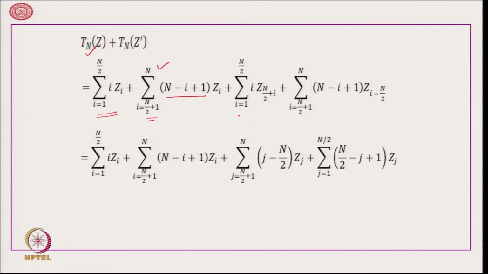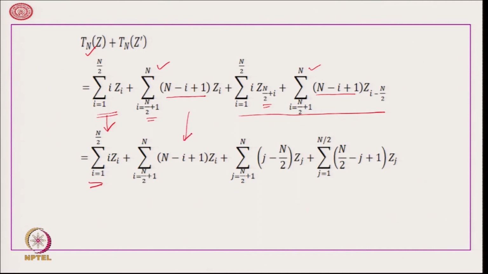In a similar way, T_n(z prime) is equal to sum over i equal to 1 to n by 2 of i times z_(n by 2 plus i), because that is how z prime has been allocated values, and for i equal to n by 2 plus 1 to n, it is n minus i plus 1 into z_(i minus n by 2).